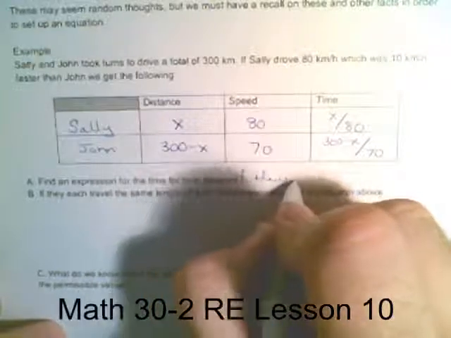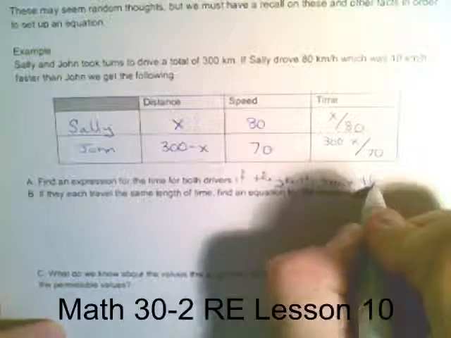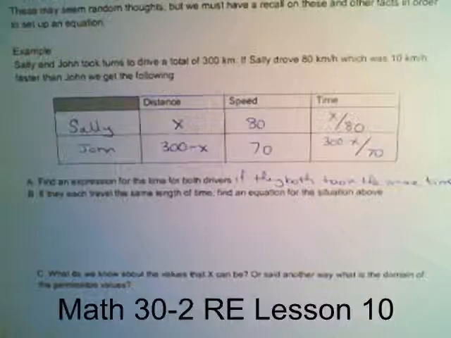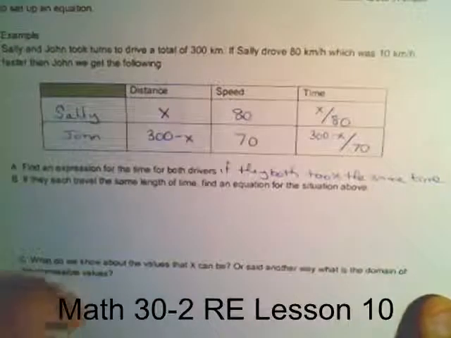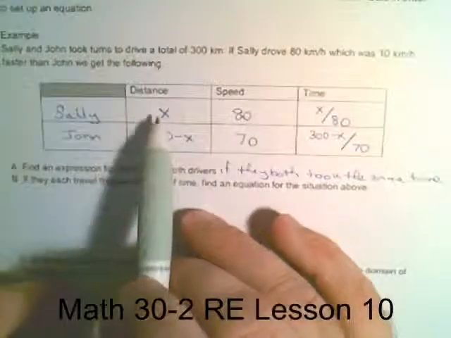Now, we need to end up giving you a little bit more information. If they both took the same time. So that's the extra information. I'm sorry about that. That wasn't necessarily in here.